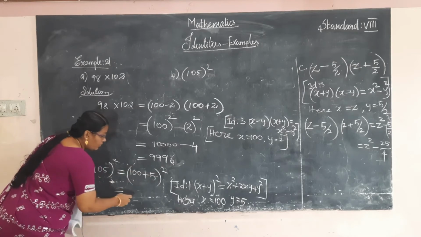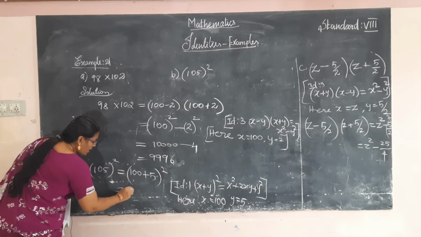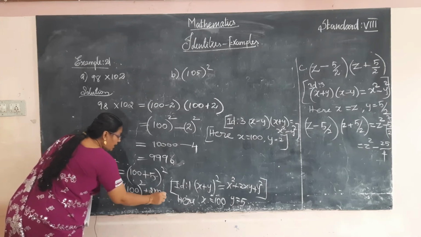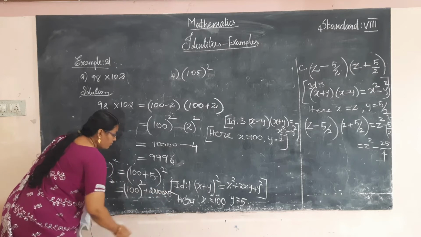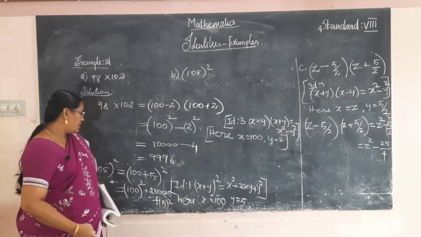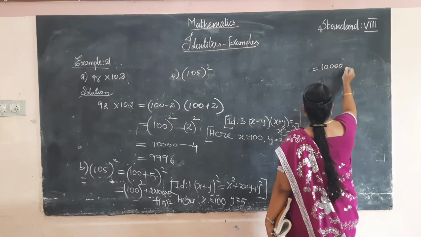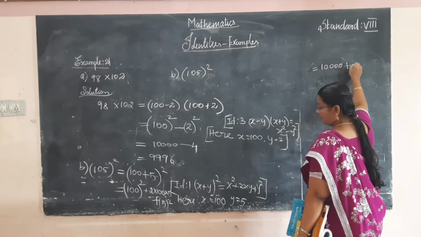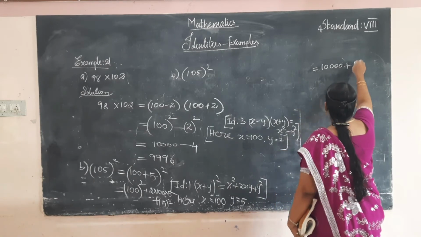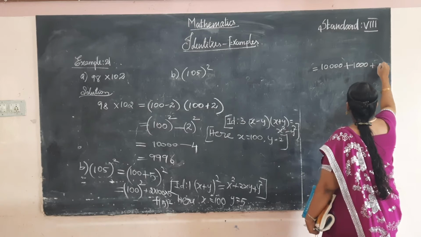Now substitute in the formula (x plus y) the whole square. First term is x square. X value is 100. So 100 square plus 2 into x value 100 into y value 5, plus 5 square. Now we expand this. 100 square means 10,000, plus 2 5s are 10, 10 into 100 is 1,000, plus 25.